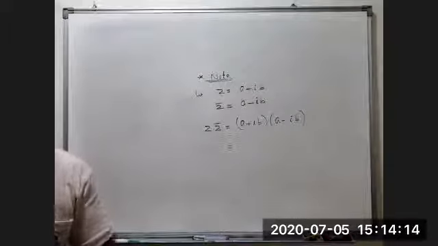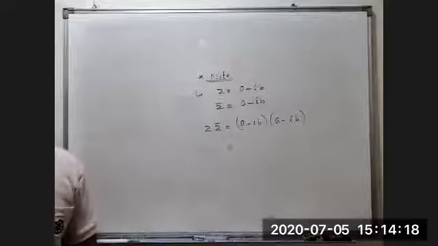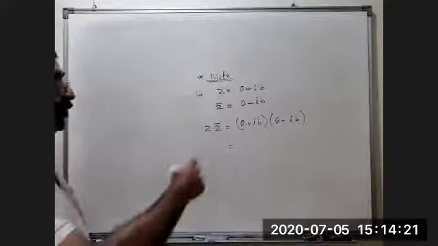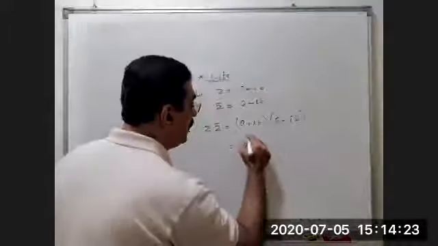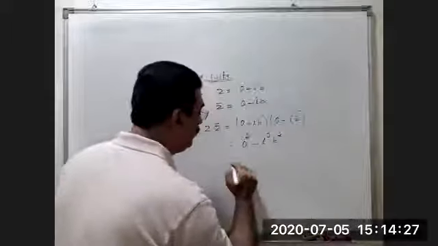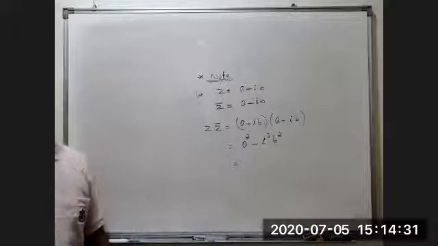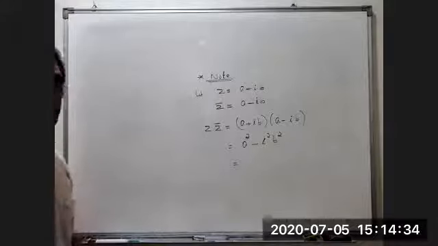Which identity? x plus y into x minus y, which is x square minus y square. So this becomes a square minus i square b square. Some of you wrote it as a square minus b square.